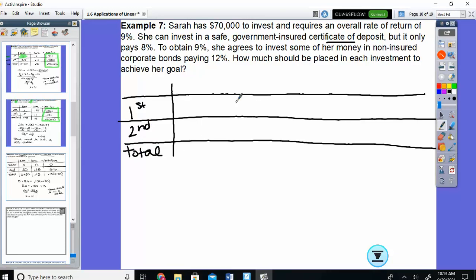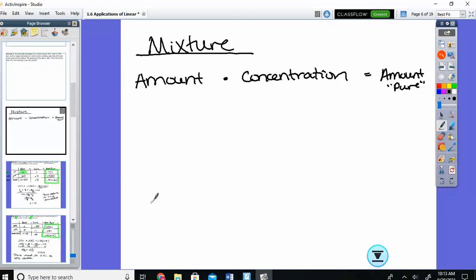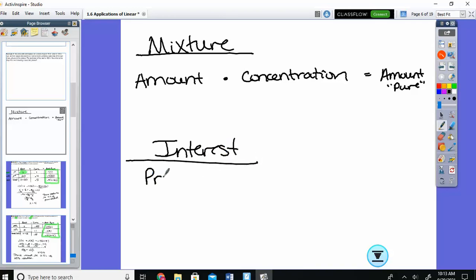But the formula across the top, this time it wouldn't make sense to do an amount times the concentration, would it? If you're talking about interest, what formula do we use? Remember, principal times rate times time equals interest.